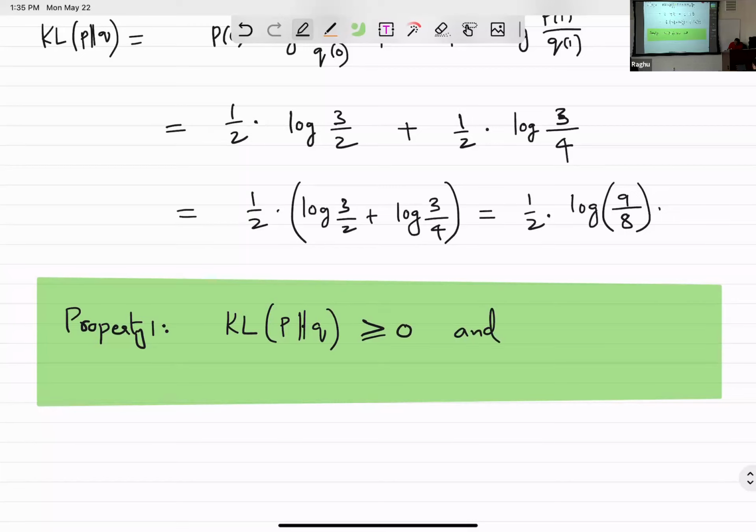And in fact, it's equal to 0 if and only if they are identical. Again, distance means it's non-negative, and when the distance is 0 they should be equal. Okay. At the very least, it satisfies these two properties. All right.